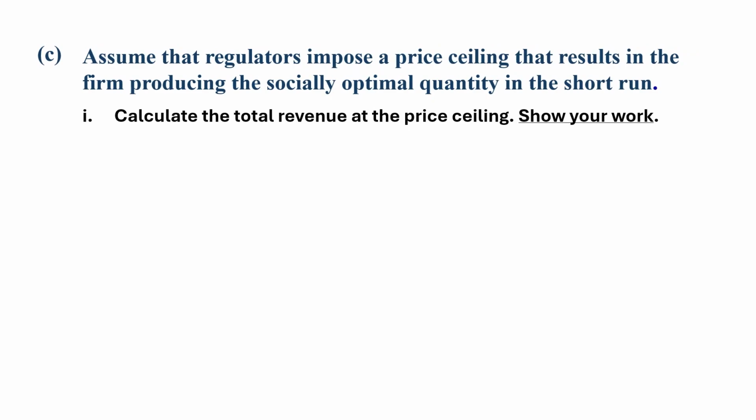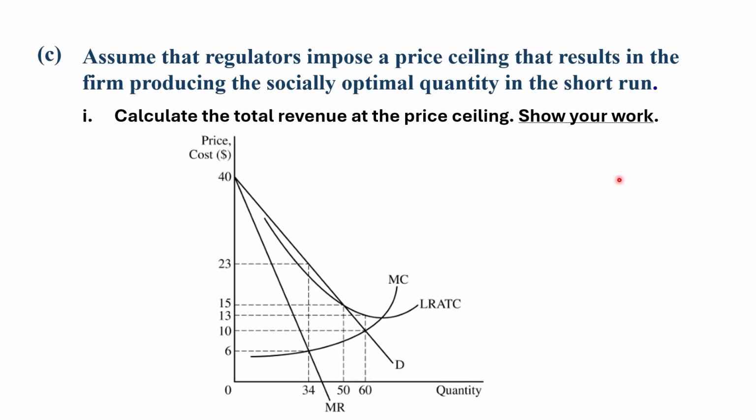Assume that the regulators impose a price ceiling that forces the firm to produce the socially optimal quantity in the short run. Before calculating anything, we must first understand what the socially optimal output is. Let's identify that on the graph. Socially optimal output occurs where price equals marginal cost.